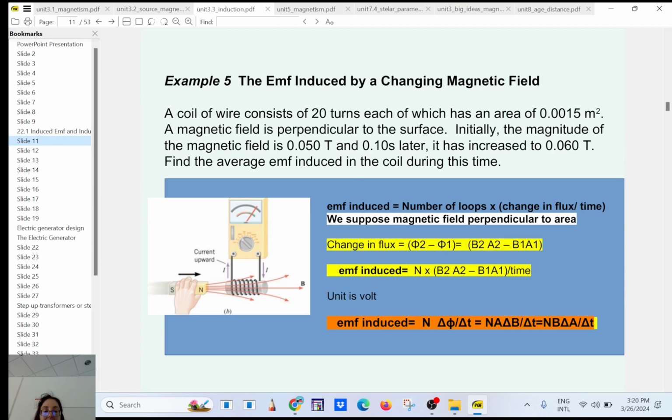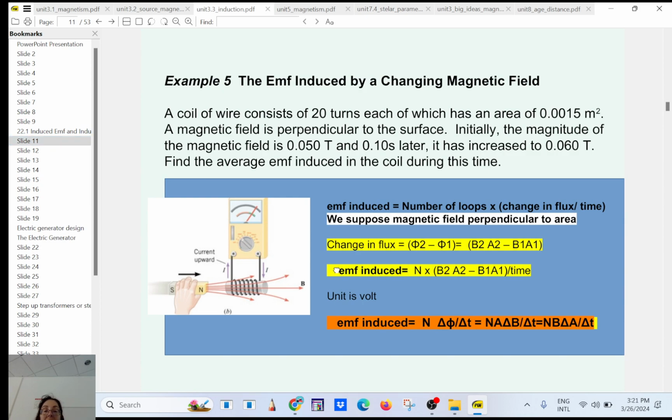Here is the equation. The induced EMF will equal the number of loops times the change in flux. We're going to see that the magnetic flux is the magnetic field times the area.